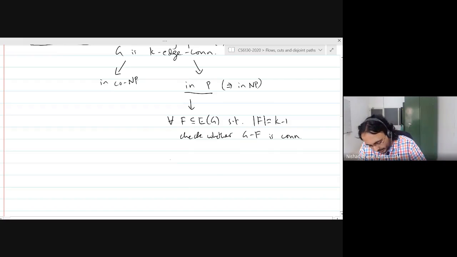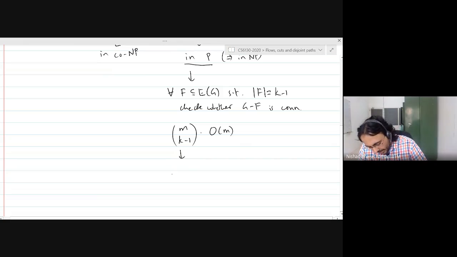And how many such subsets? It is going to be m choose k minus 1. And each time you have to check whether the graph is connected, so that is roughly an order m algorithm. This would be something like m to the power k minus 1 approximately times order m. And of course, then you can convert everything to n. That doesn't matter.